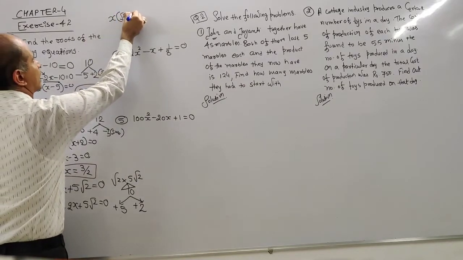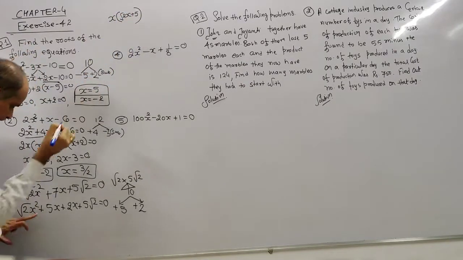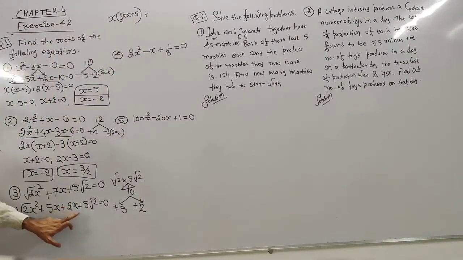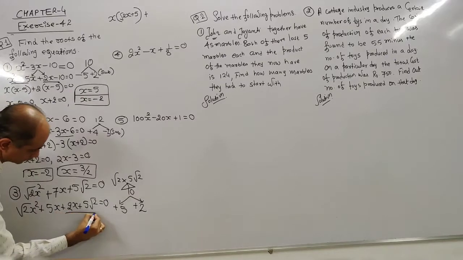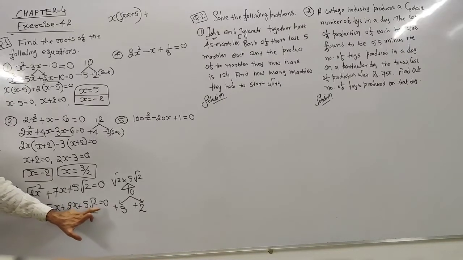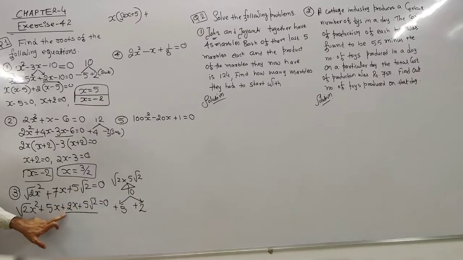Then here 2x plus 5 root 2. So you can convert 2 in the form of under root 2 into under root 2. And here also 5 under root 2. So you can take under root 2 common.